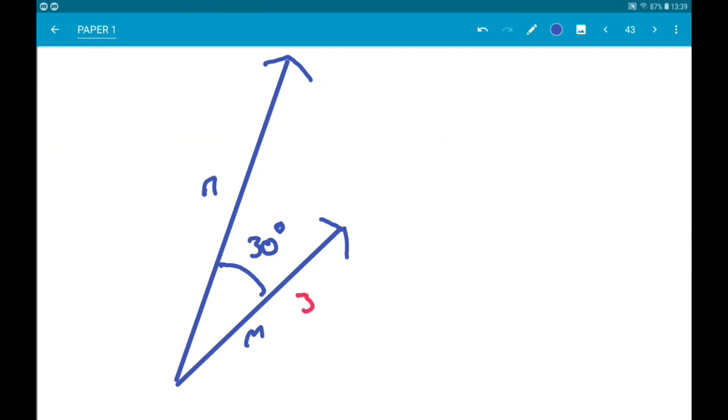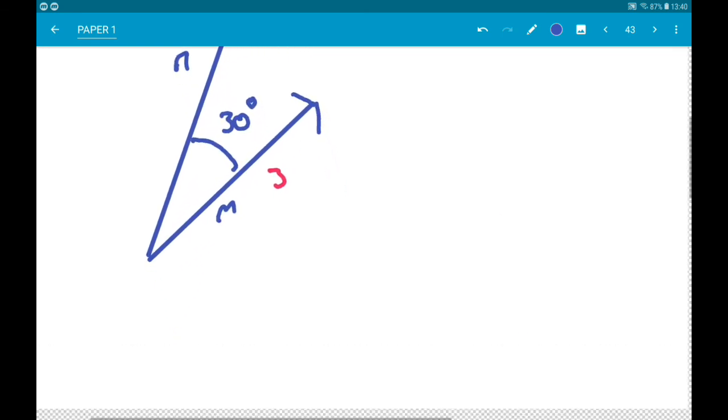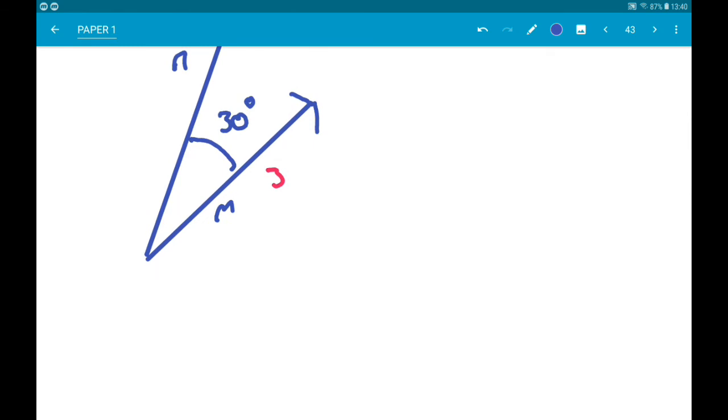Okay then, so the first thing to do with a question like this would be to sketch. So I've got two vectors m and n, 30 degrees apart. Now we need vector m minus n too. So that would mean we're going along vector m and then negatively along vector n.